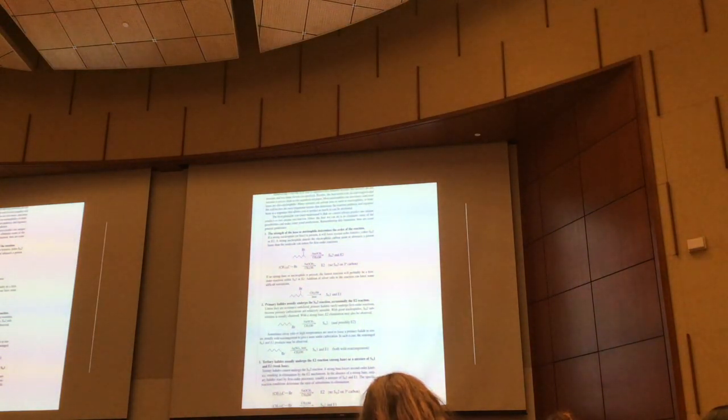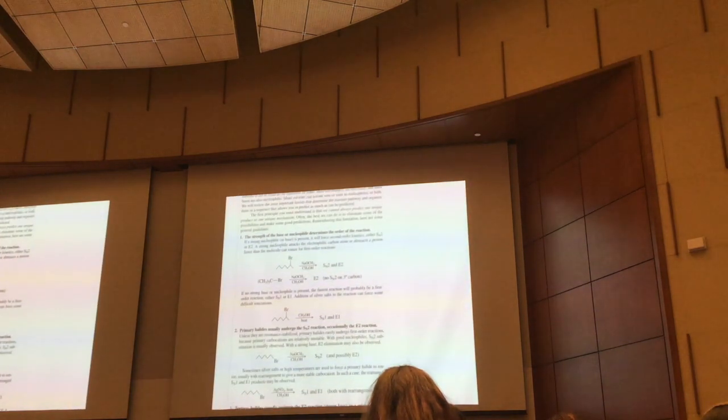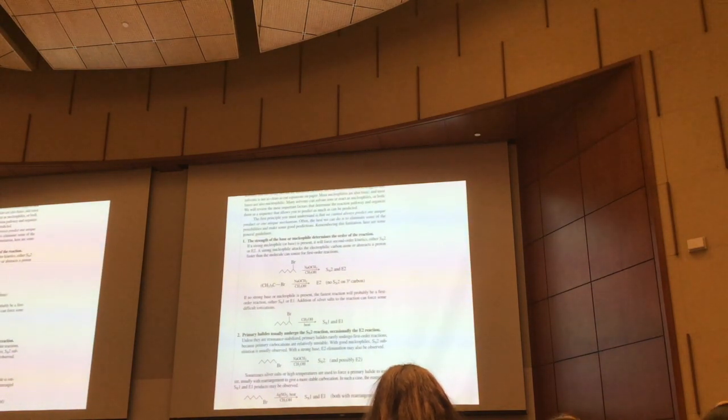So it's just a couple pages. This is a guide for predicting whether it's going to be SN2, E2, SN1, or E1. It's a great guide and super helpful. Look at the very first bullet point. Sorry, this is page 271 in your book.